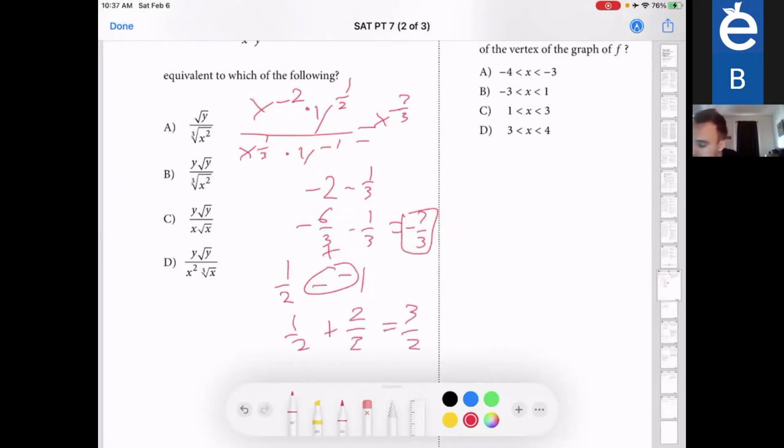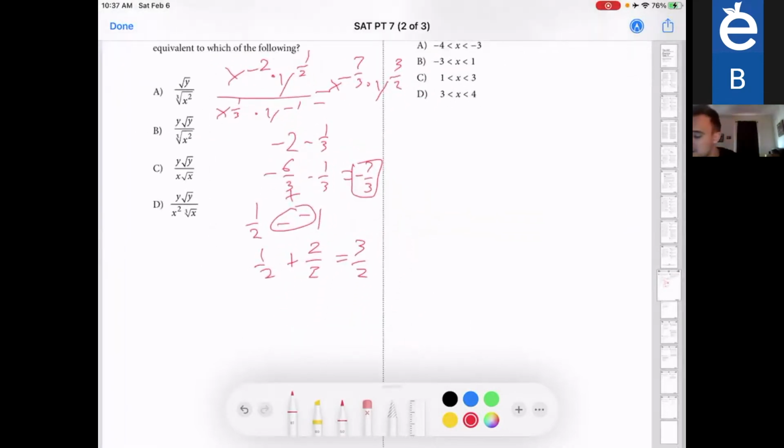So I have x to the -7/3 times y to the 3/2. That's true. My math is all correct there, but I want to simplify that a little more.